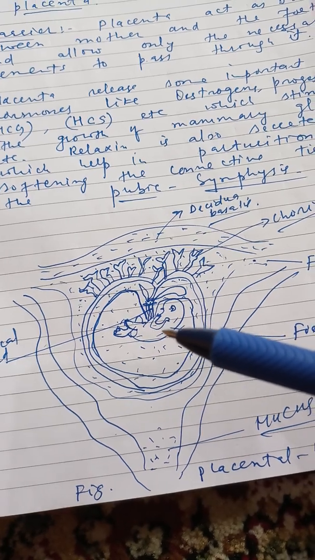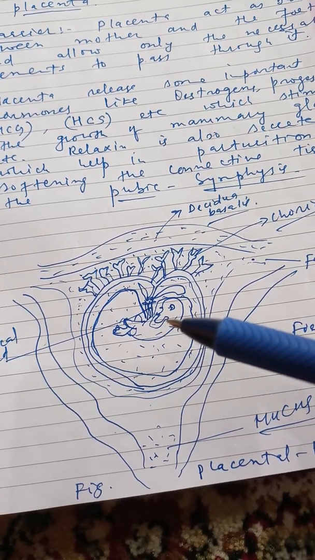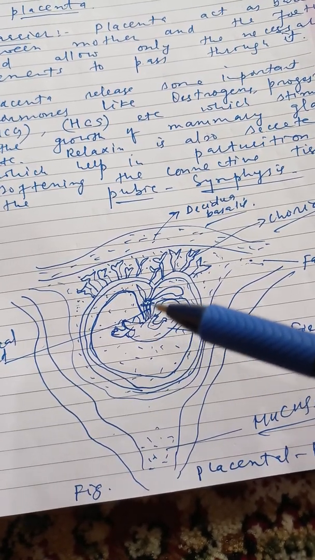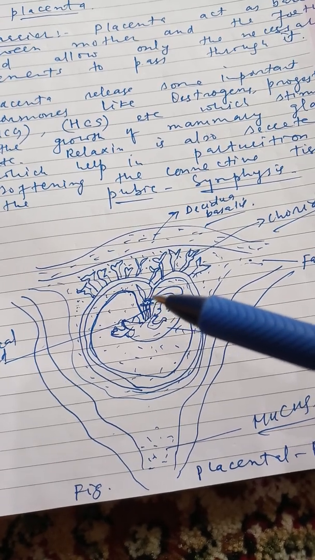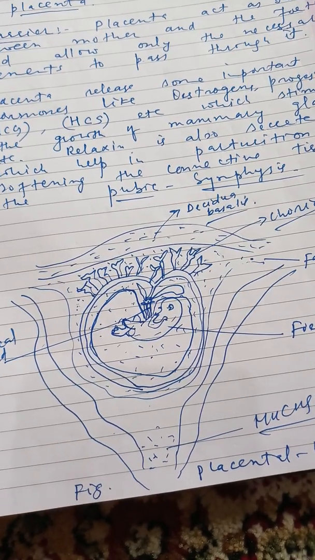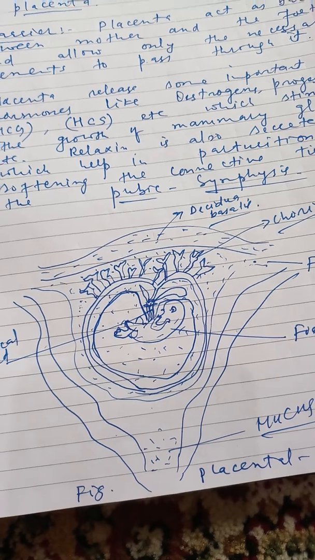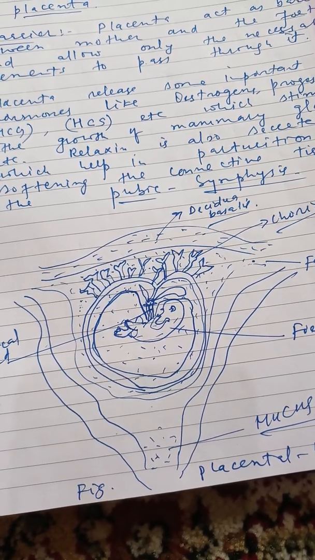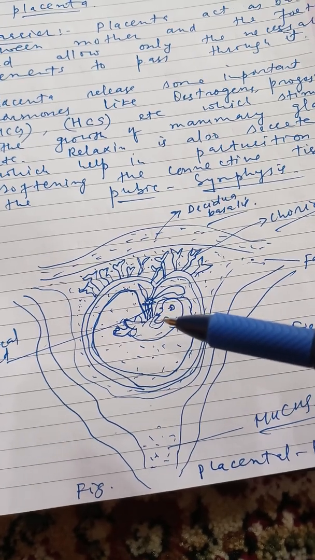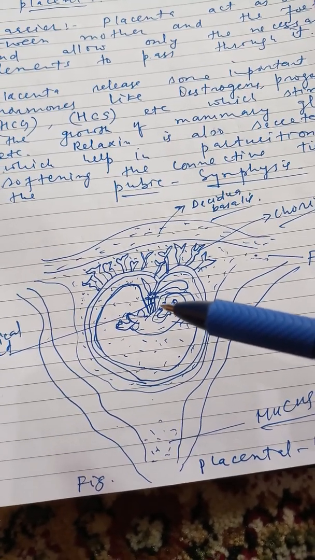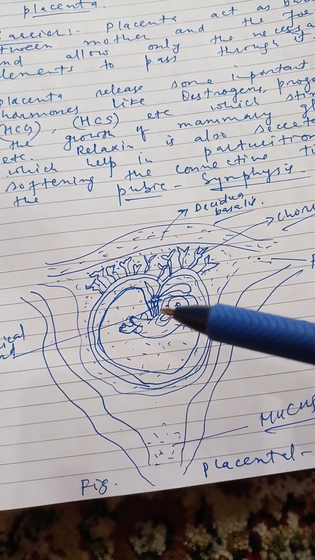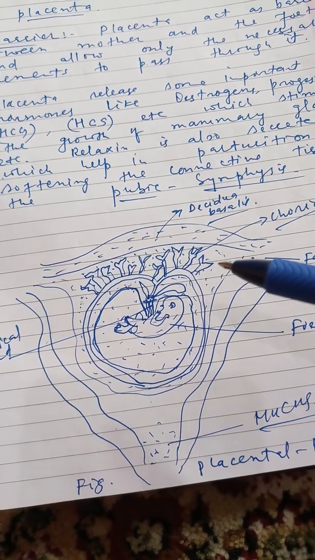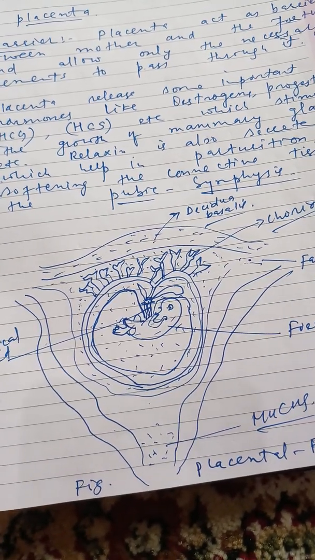And the carbon dioxide formed in the developing foetus is taken out through the placenta to the mother's blood. And thirdly, the excretory material formed inside the foetus is drained out through this placenta into the bloodstream of the mother.